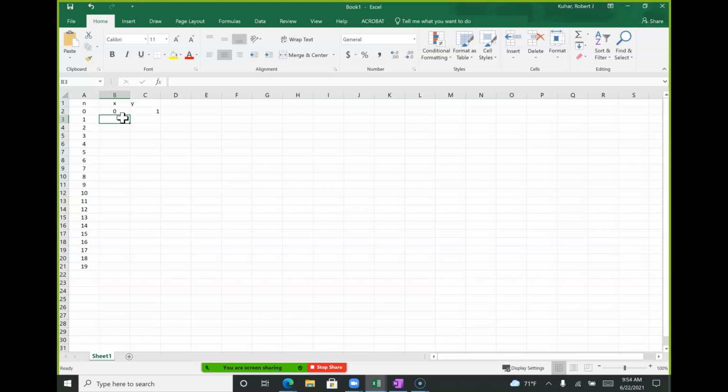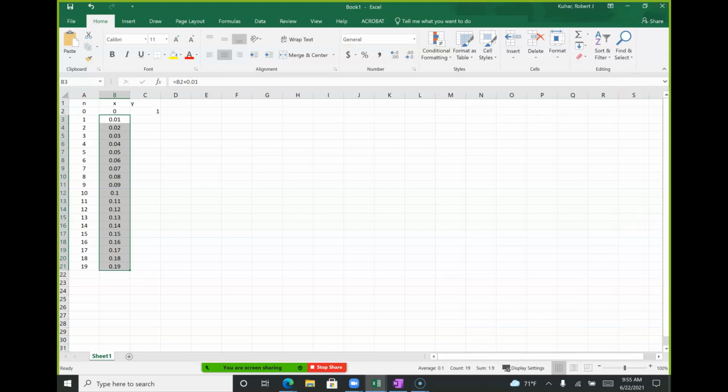So in the next cell, equals B2, the previous cell, and I'm going to add H every time, which we said now is going to be a penny, 0.01. That's what you're going to have to do in your homework. Notice if I grab that cell and fill down, I'm counting by a penny there. Control D fills down, so 1 cent, 2 cent, 3 cent, 4 cent.